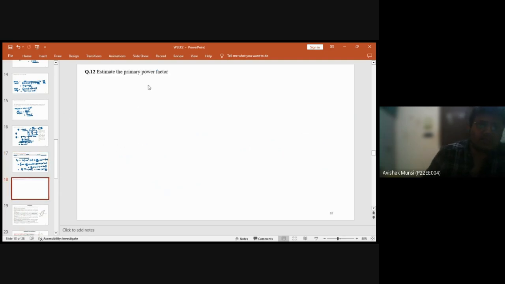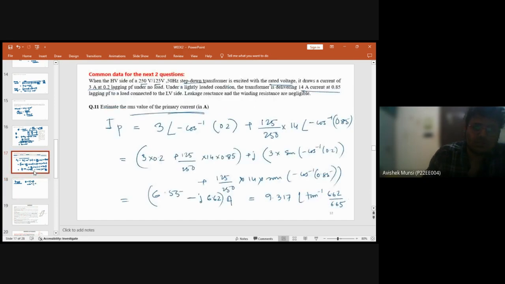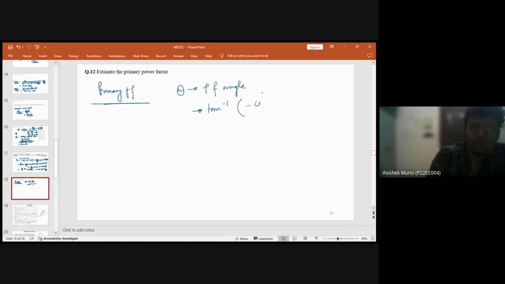The next part is you have to calculate the primary power factor. So what will be the power factor? The power factor angle is tan inverse of minus 6.62 by 6.65.